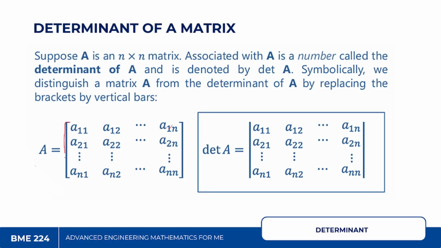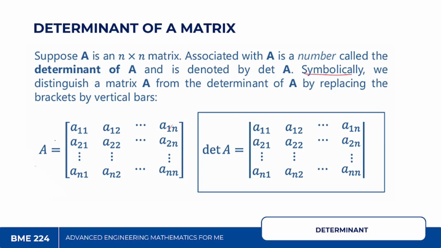The matrix is symbolized by brackets. Now, associated with A is a number called the determinant of A, denoted by det A. So when we say det A, that refers to the determinant of matrix A.